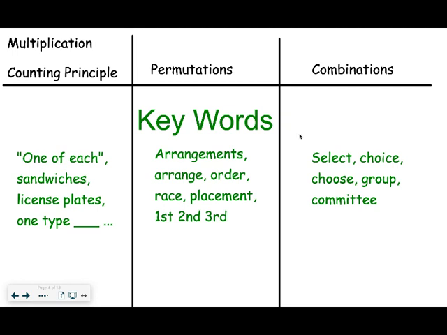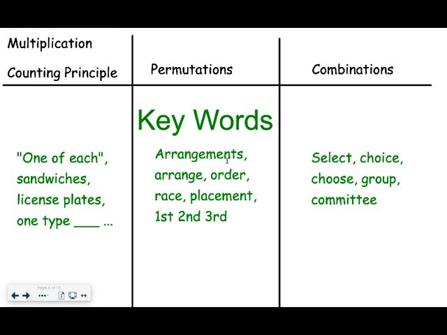When we're talking about the multiplication counting principle, if you see things like one of each, maybe sandwiches, like types of meat and types of bread, or all of our license plate problems, those are all MCP problems, and maybe one type of blank. For permutations, some words to look for: arrangements, arrange, order, race, placement, first, second, or third.